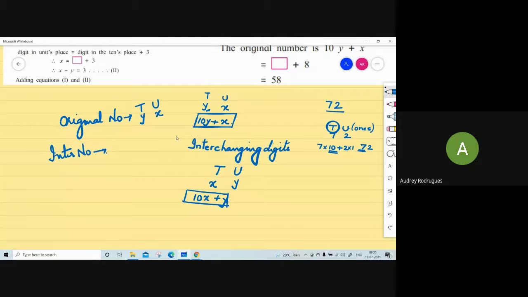So the original number is 10y plus x and the interchanged number is 10x plus y. Have you understood all this? Because based on all this, we are going to solve the sum. Have you understood this part? Yes, teacher.